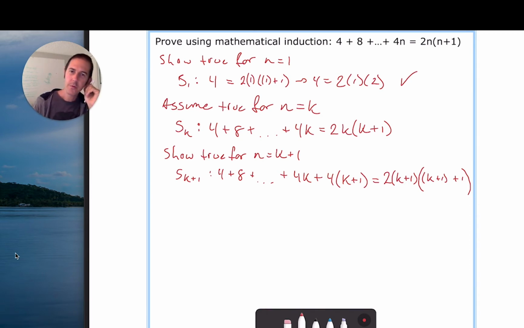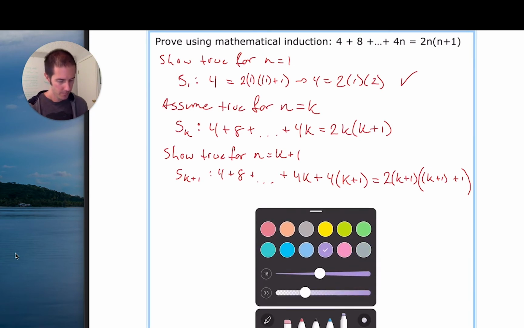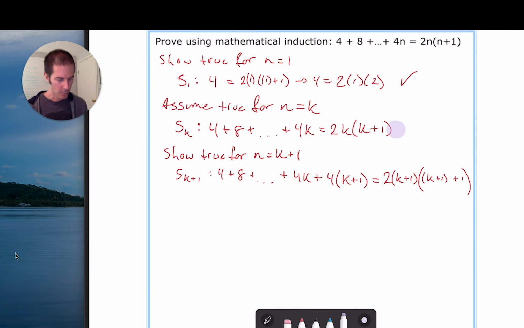so we're supposed to use the assumption, and as a matter of fact, in order for this to be a legitimate proof by mathematical induction, you must use the assumption. And we're going to use it right away in this problem. Notice, please, that works.